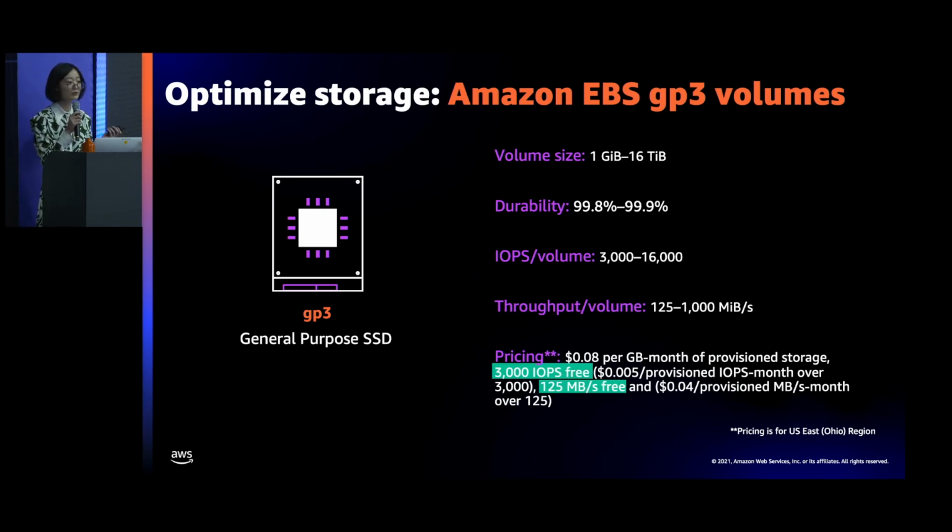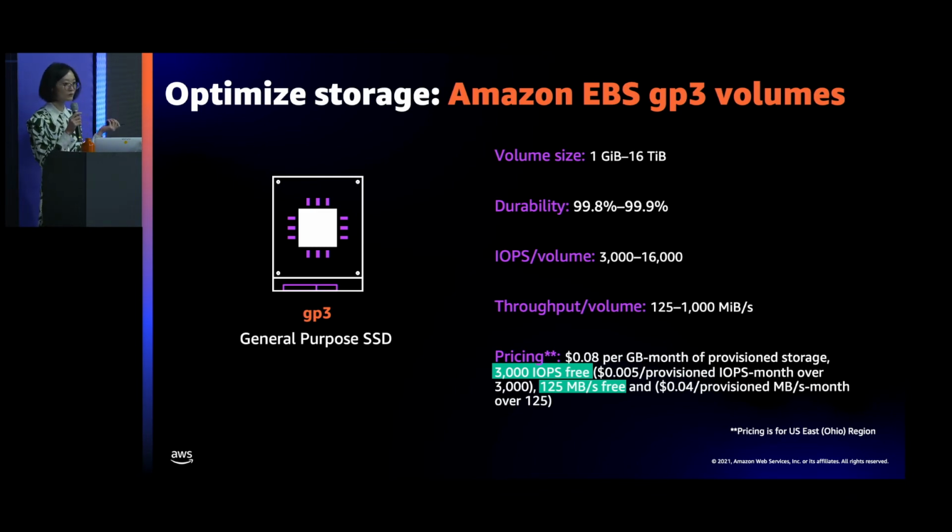So GP3 is designed for applications that require high performance, but you still want to have a lower cost. If you're using GP2, I would recommend you consider upgrading and migrating to GP3. And with GP3, you can see the specifications of IOPS and throughput.